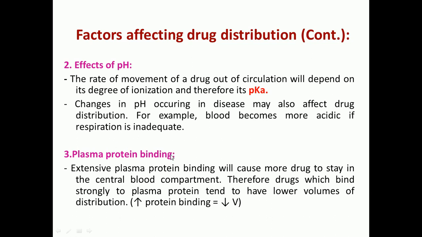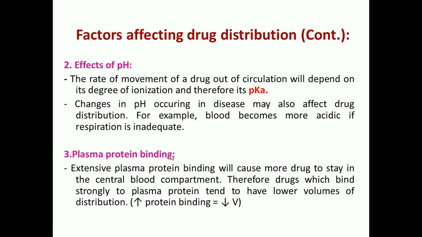Then we have plasma protein binding. Plasma protein binding will cause more drug to stay in the central blood compartment. We already discussed that plasma proteins are present in blood because these are negatively charged particles, and they usually have higher molecular weight.